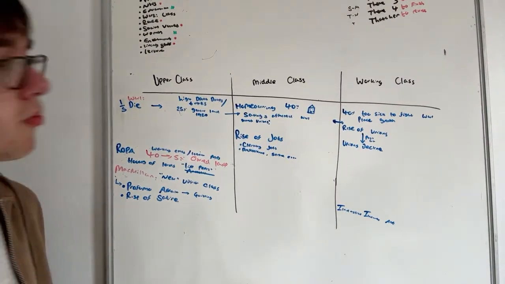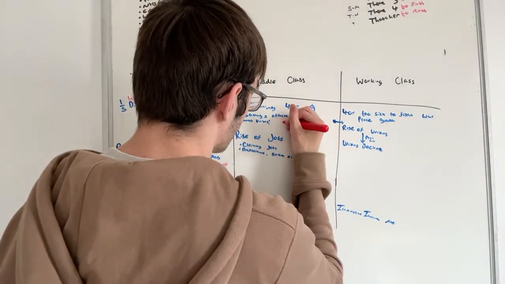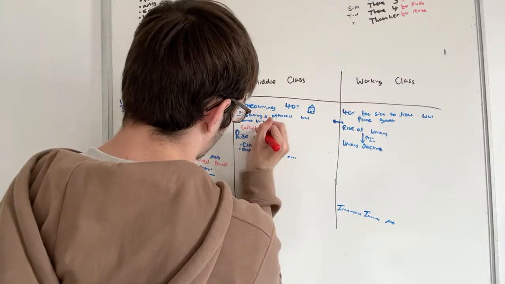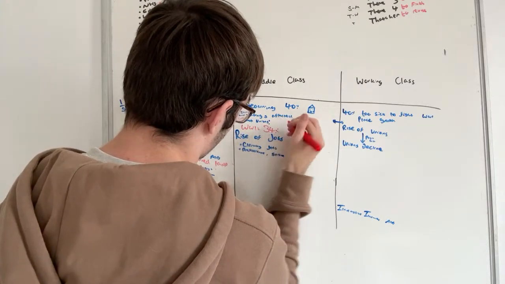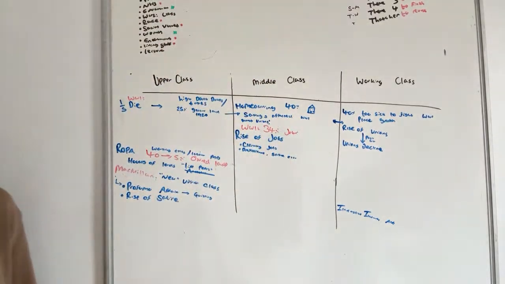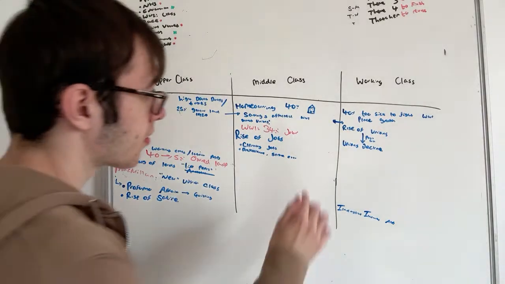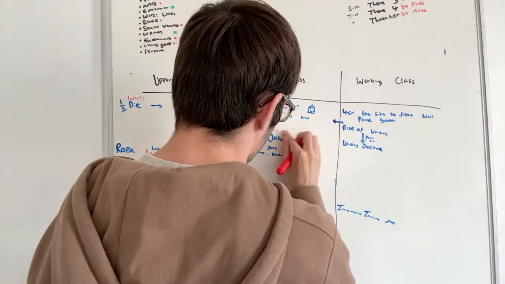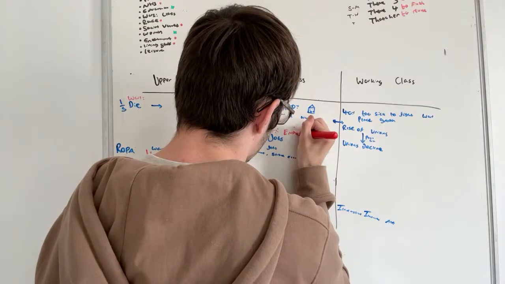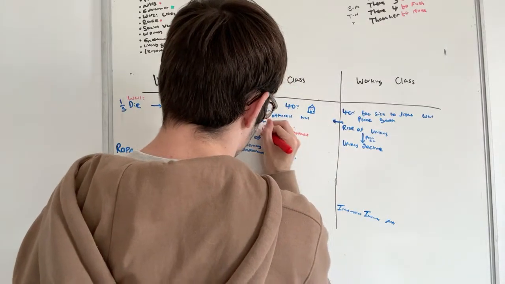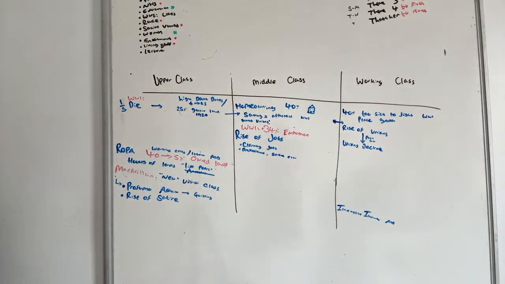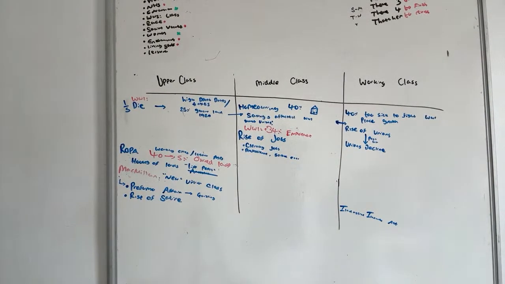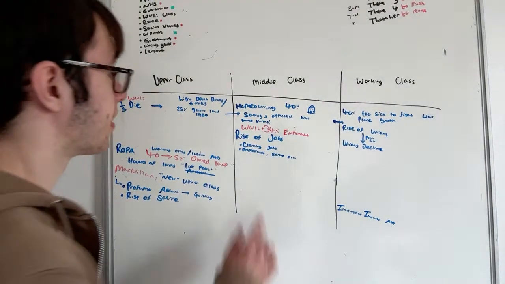The middle class, World War One, led to a 34% increase in jobs or employment. Which is significant. Middle class often blamed working class and unions. 60% owned houses compared to 20%.